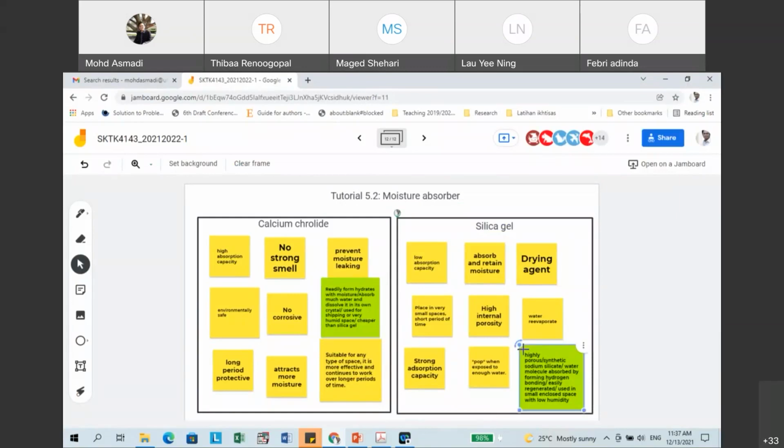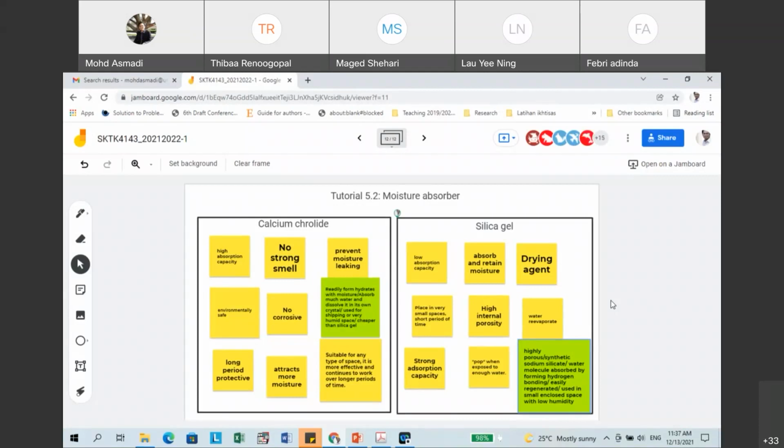So the mechanism of how the silica gel absorbs the water is through hydrogen bonding with the surface hydroxyl functional groups. That is one of the phenomena.